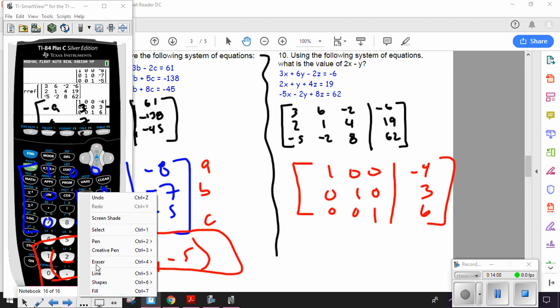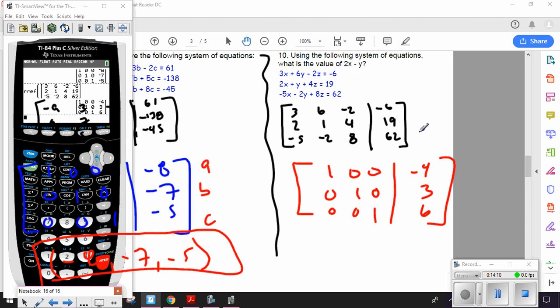So that means this represents X, this represents Y, this represents Z. So as an ordered triple, it would say -4, 3, 6. Make sure you put them in alphabetical order.